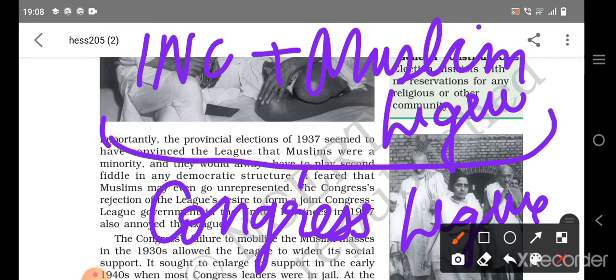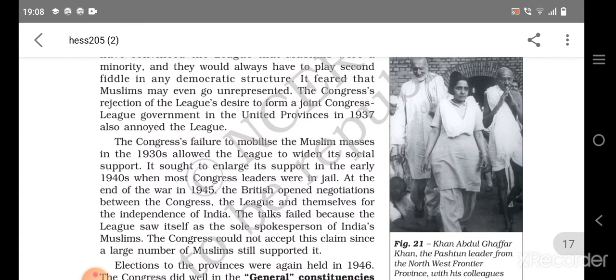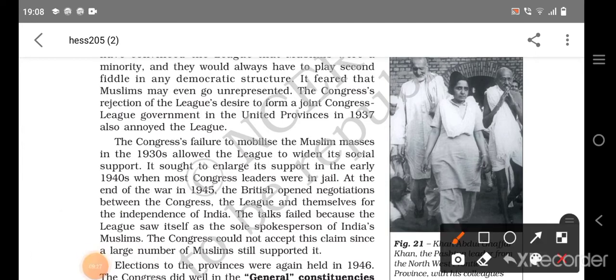When this demand was rejected, Congress again felt bad, and they thought that this again comes to the Hindu Muslim part. All right. Now, the next para is about the third reason, which was Congress's failure to mobilize the Muslim masses in the 1930s. So it has a deep history.